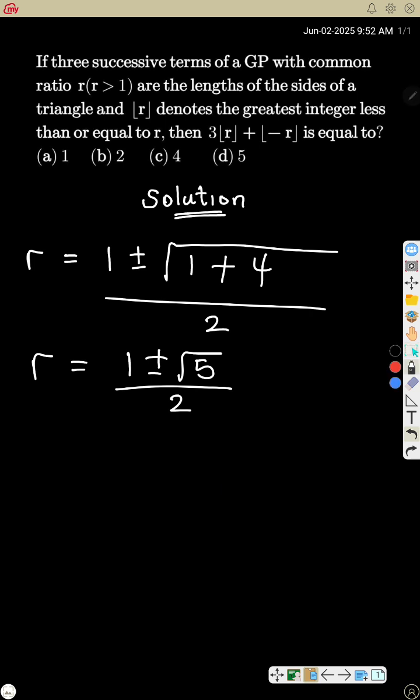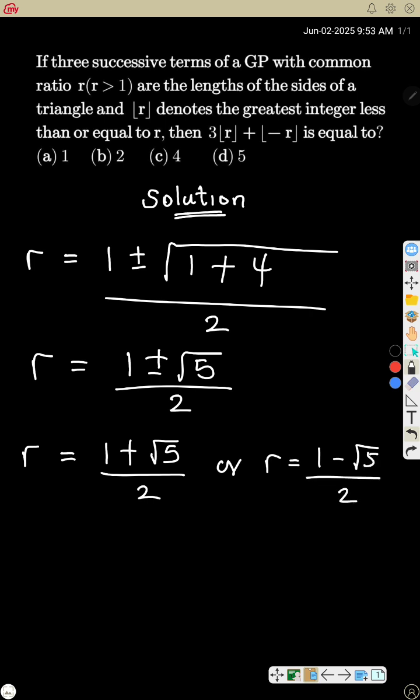So I can split this to be R equals 1 plus root 5 over 2, or R is equal to 1 minus root 5 over 2.